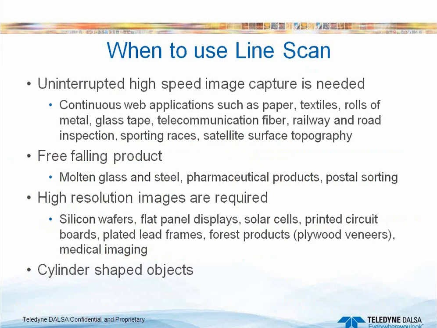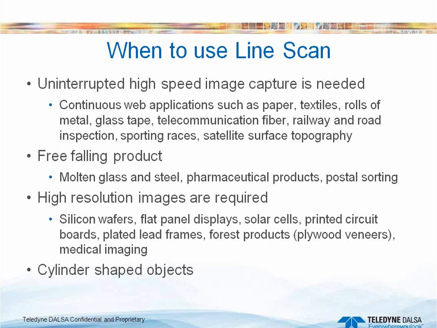So when is a good time to decide about using a line scan camera? Well, if you need an uninterrupted image capture. For example, if you have web material, paper, textiles, metal, glass, fibers, extrusion of metals or plastics, free-falling product like molten glass or plastic as well as steel, and some postal sorting for fast-moving envelopes.